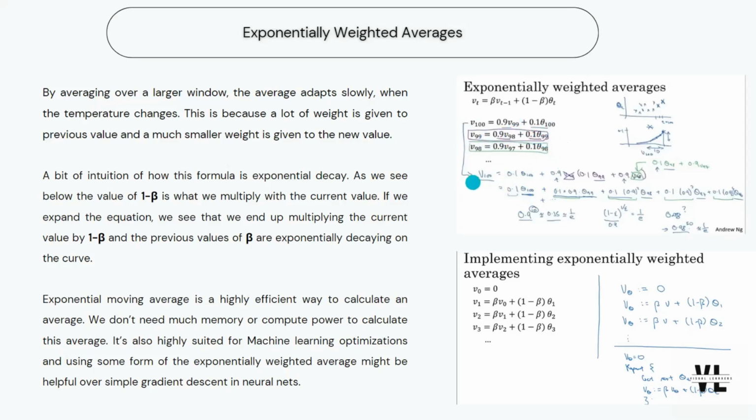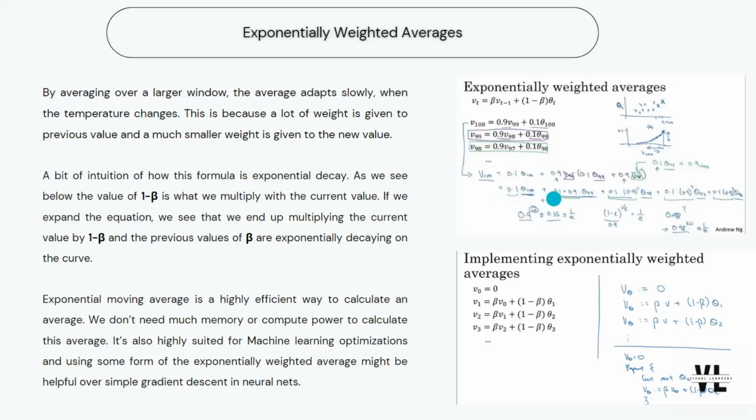So let's say if V100 was this number, then we're going to replace V99 with the one which has been computed here, which is 0.9 theta 99 plus 0.9 V98, and we're going to replace V98 again with the previously computed value here.